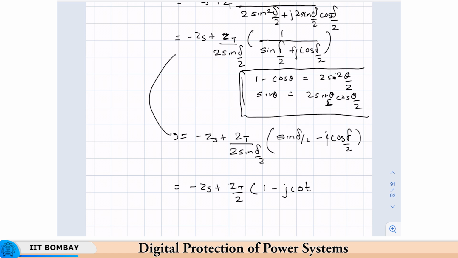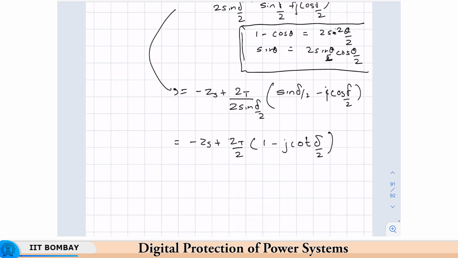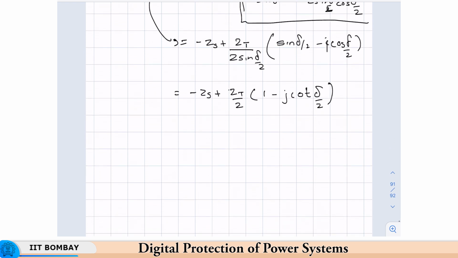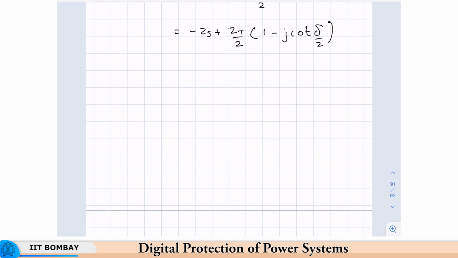So, it will be cot theta, or cos delta by 2 by sin delta by 2 is cot delta by 2. Now, this is what the distance relay sees. Now, we will translate this into the Rx plane and see how it looks on the Rx plane.